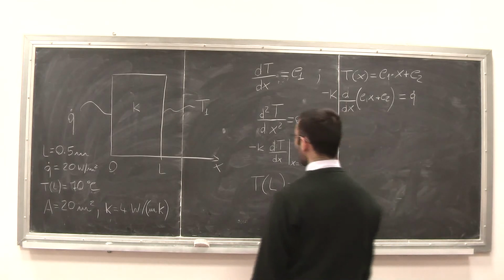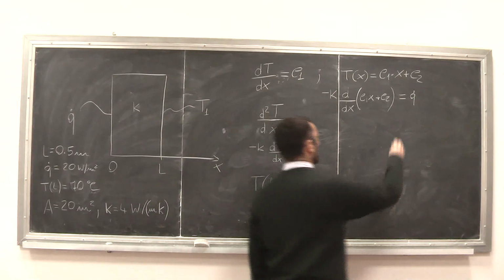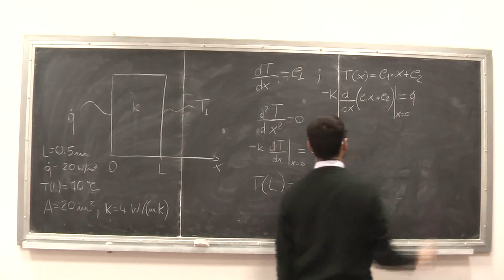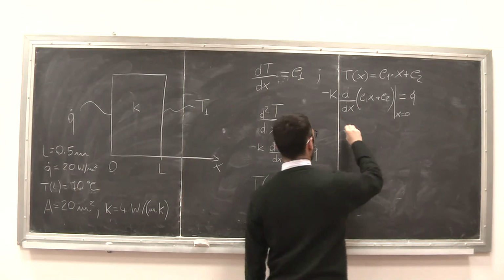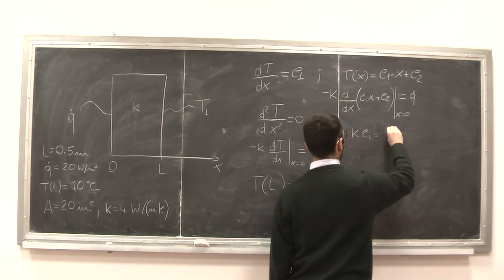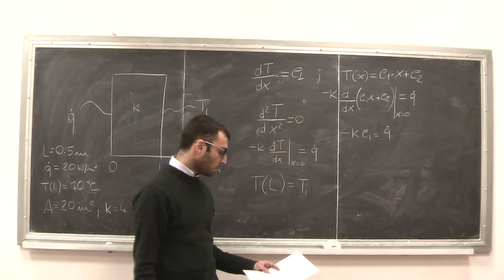If now we calculate this derivative, which should be calculated in x equals 0, we have that minus k times C1 is equal to Q dot. Okay?